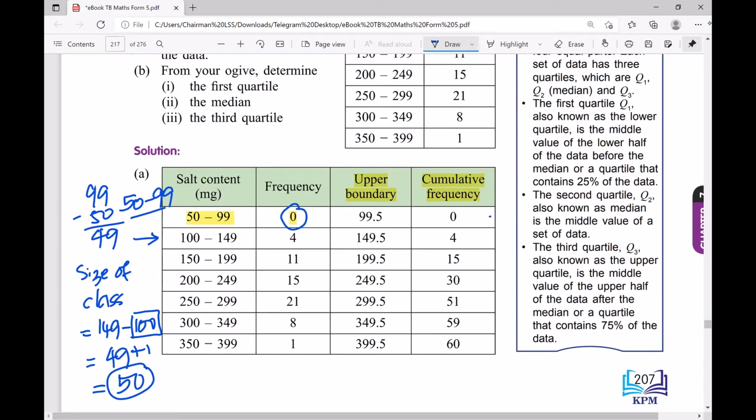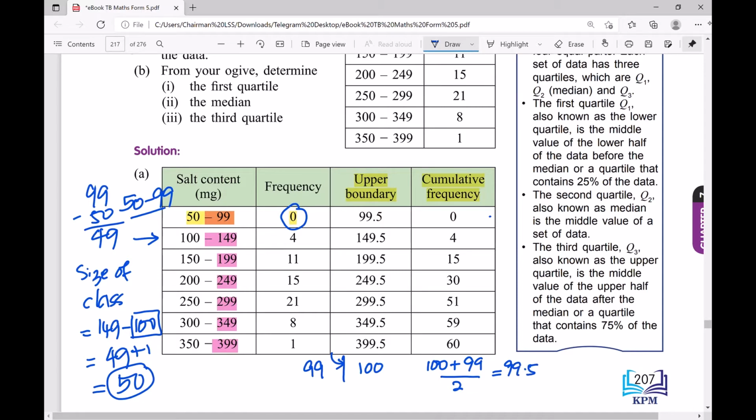So how do you get the upper boundary? You look at the upper limit. For 99, the next number will be 100. So to find this boundary, 100 plus 99, you divide by 2, you will get 99.5.